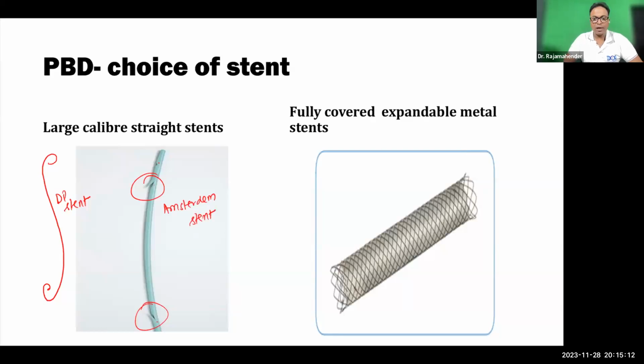For cancer patients who are inoperable, we put a self-expanding metallic stent inside the bile duct, called SEMS. So SEMS, Amsterdam, DP stent, I'm just giving some images.